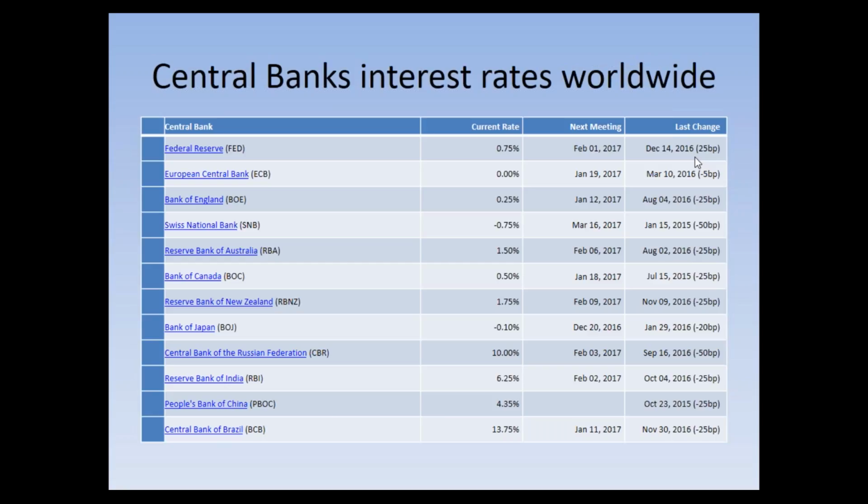What we saw at that press conference was a strong signal to all of the markets that the Federal Reserve is going to hike rates in the year 2017 3 more times.